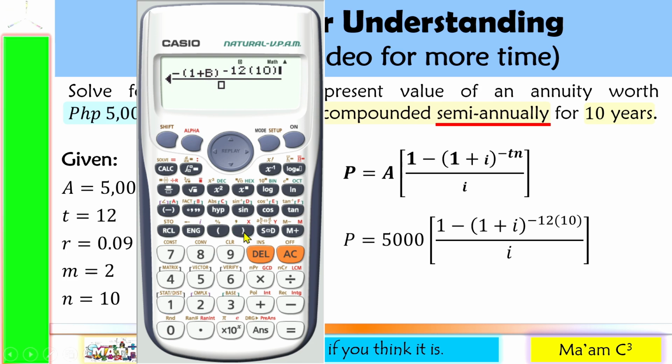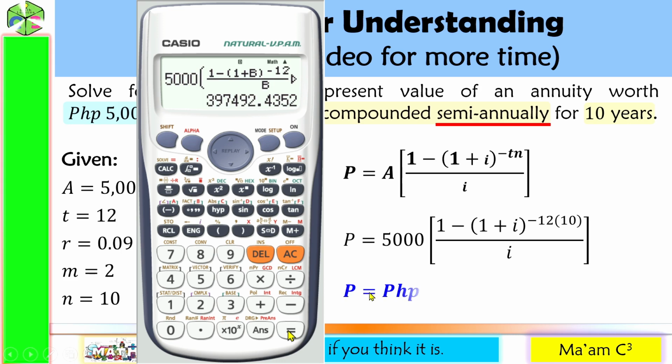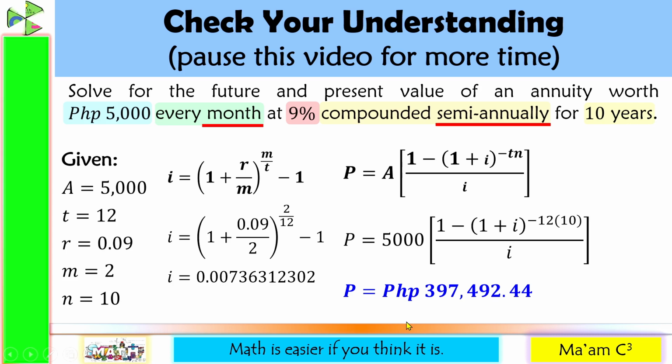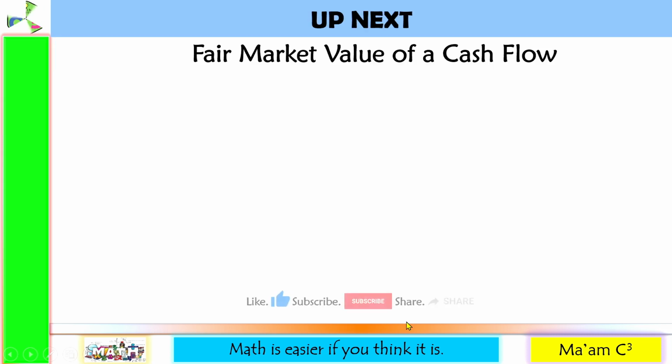Close parenthesis. Cursor down. Our i again is stored in letter B, so alpha B. Cursor to the right, close parenthesis, equals 397,492.44. Our next lesson is fair market value of a cash flow.